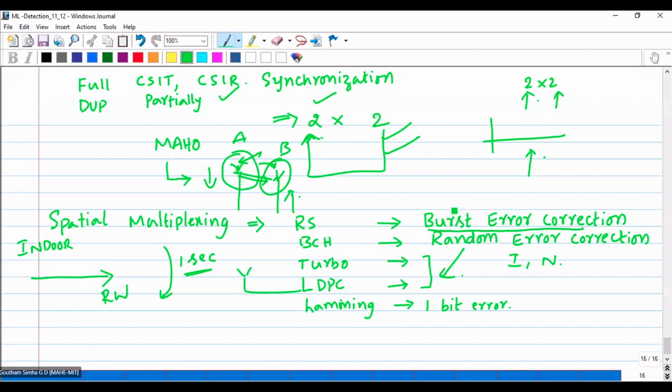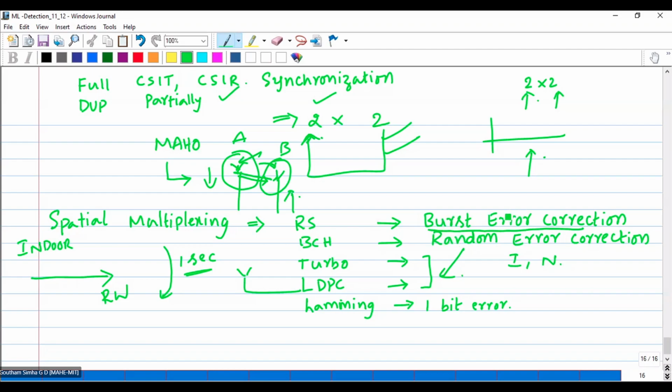Usually in satellite communication, RS codes are used. Why? When you go out of the atmosphere, there are a lot of burst errors which come from different sources, because of moving comets, or because of reflections from other satellites or something like that.